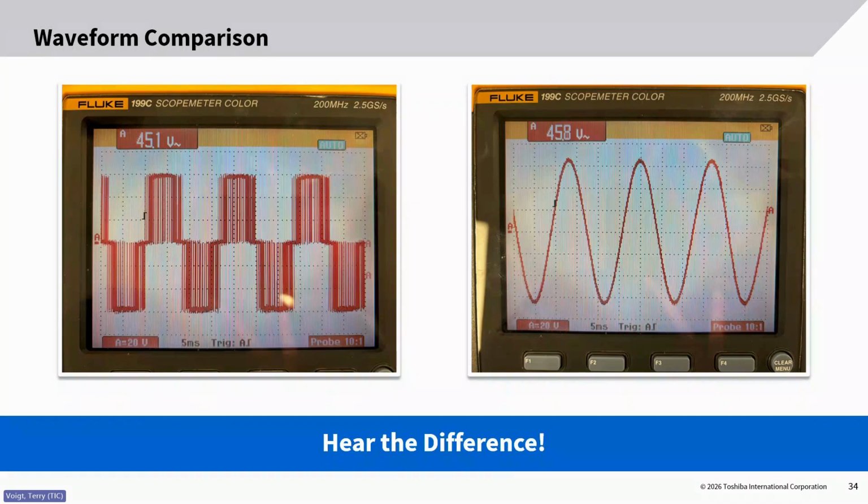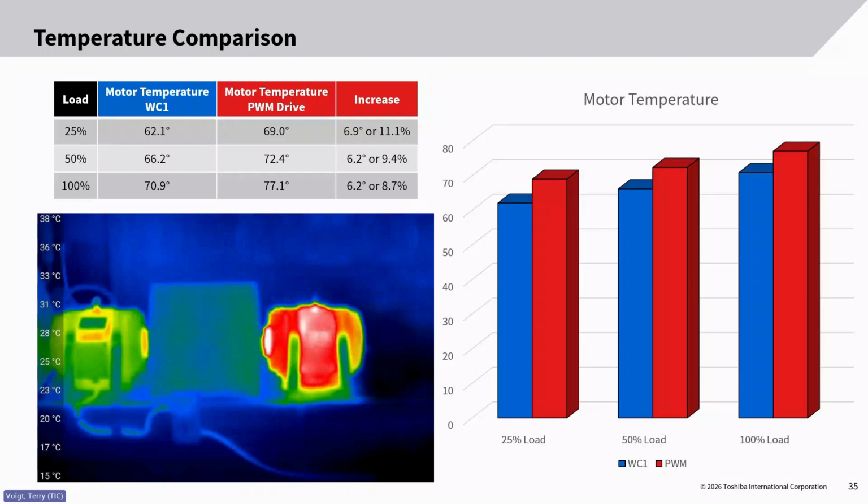So here are some more graphs of the difference in cooling, the temperature comparison. Here's a different load profile: 25, 50, 100%. The motor gets warmer as you obviously produce more amperage, but when you compare that to a regular PWM drive, the decrease in temperature is noticeable, right?